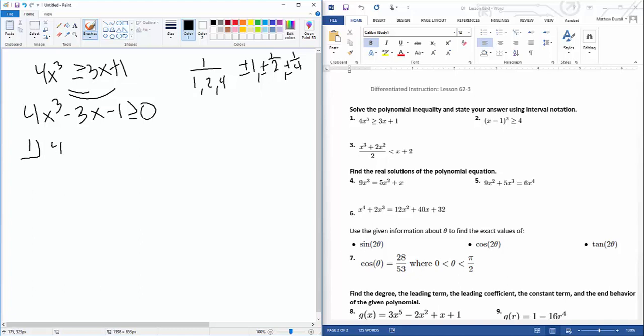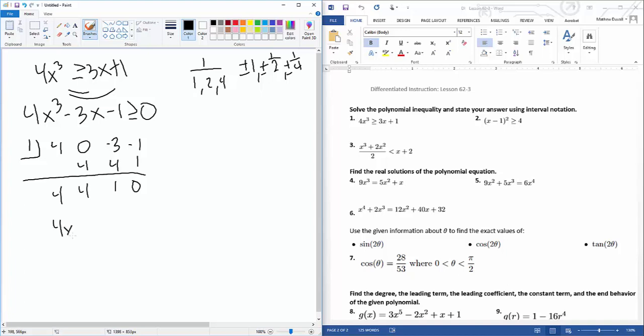I don't have a square, so negative 3 and negative 1. Bring down the 4, multiply, add, multiply, add, multiply, add. So it worked.